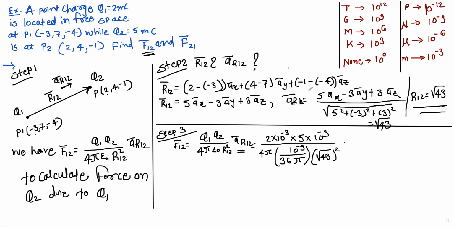A bar r12 I have calculated here, right? It is 5 a bar x minus 3 a bar y plus 3 a bar z divided by under root 43.